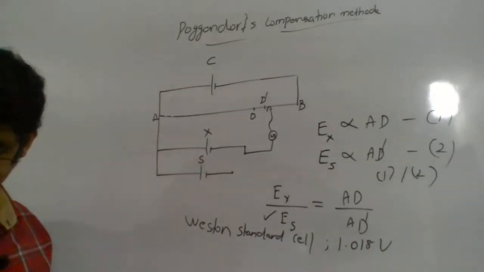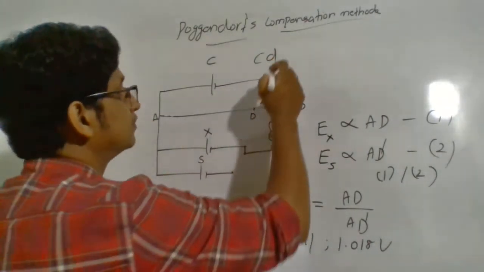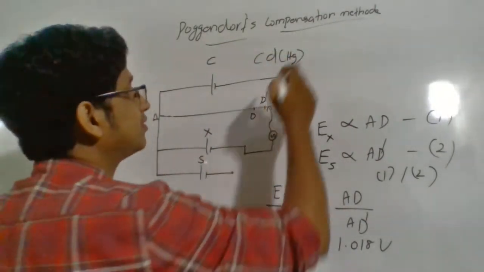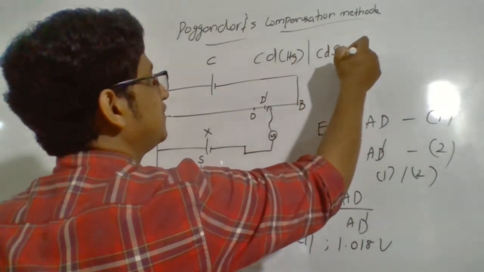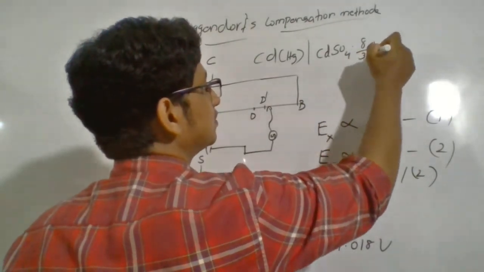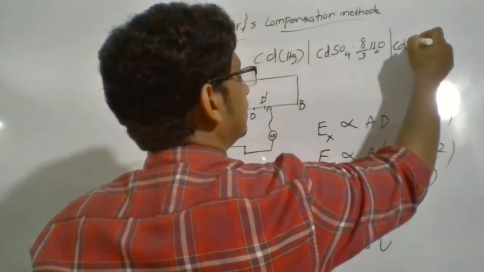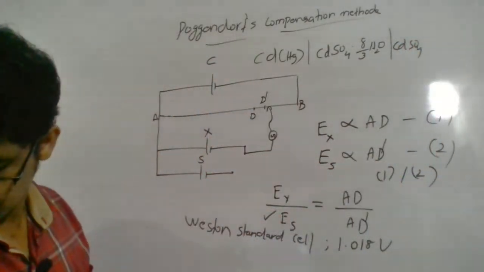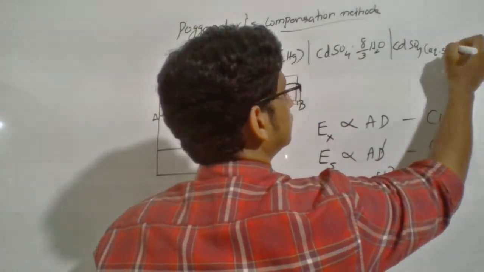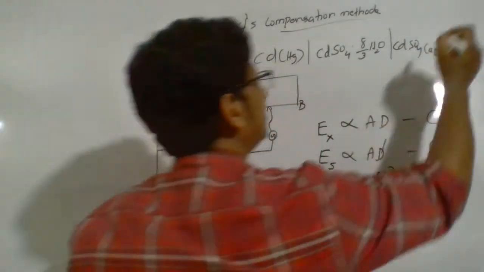We represent this standard cell like this: cadmium in presence of its salt, cadmium mercury, it's a columnar electrode, cadmium mercury in cadmium sulfate, a hydrated sulfate. Then an aqueous solution of cadmium sulfate, which is in contact with mercurous sulfate, Hg2SO4, in contact with mercury.